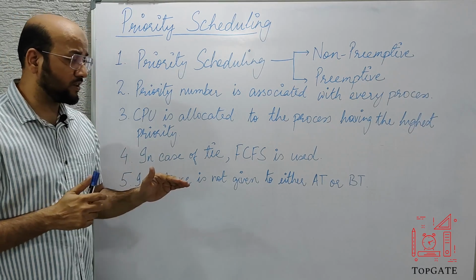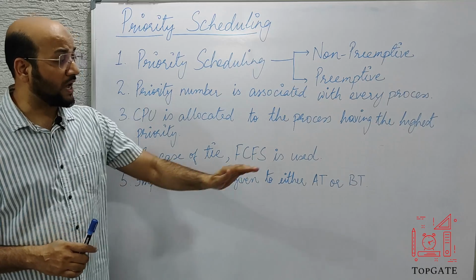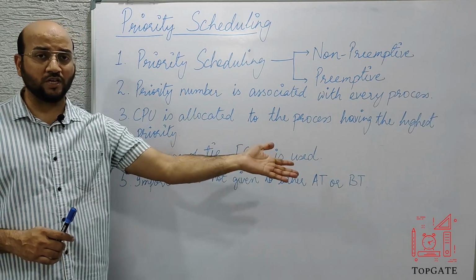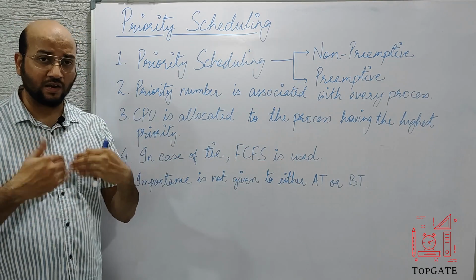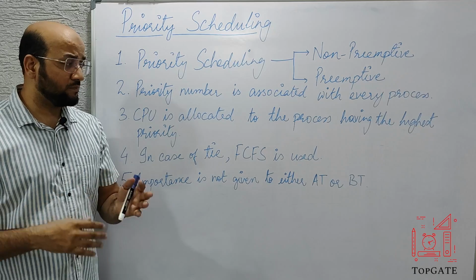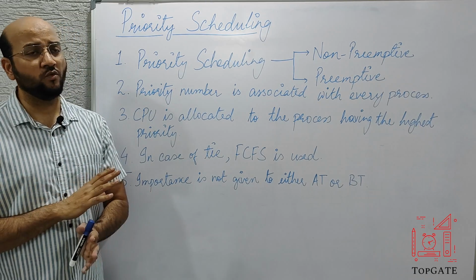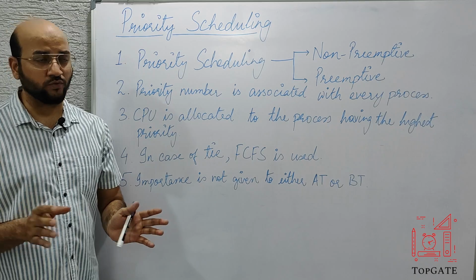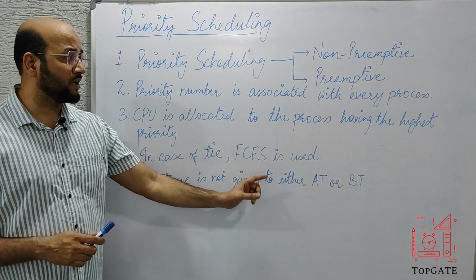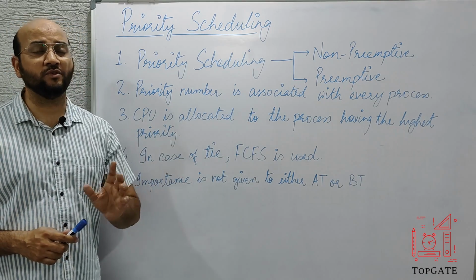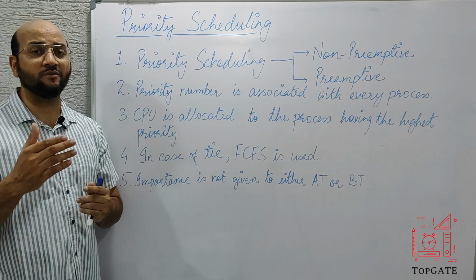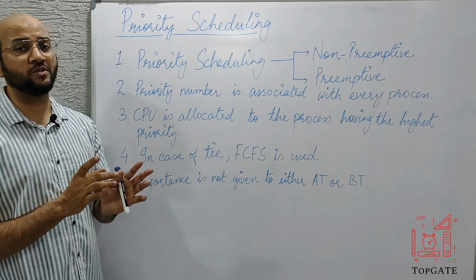But in this algorithm, we will not give priority to either the arrival time or the burst time. Whether the process is arriving early or late, whether it has a shorter burst time or a longer burst time, we do not take care of all these things. We only take care about the priority that is attached with every process. If the process has the highest priority, it has to be scheduled first.